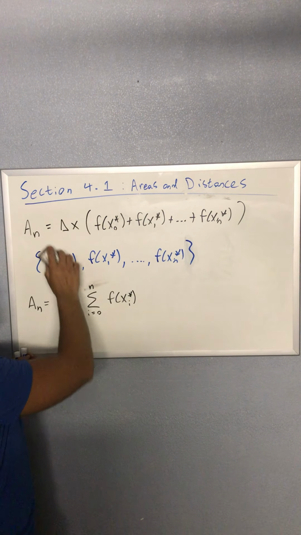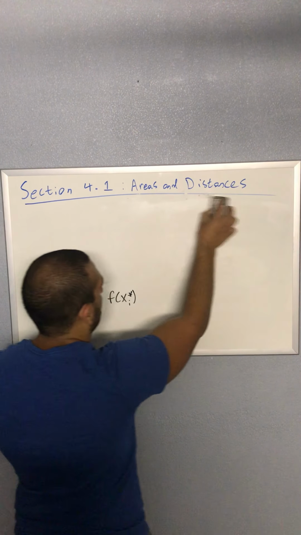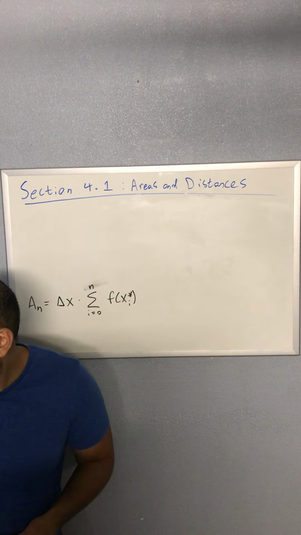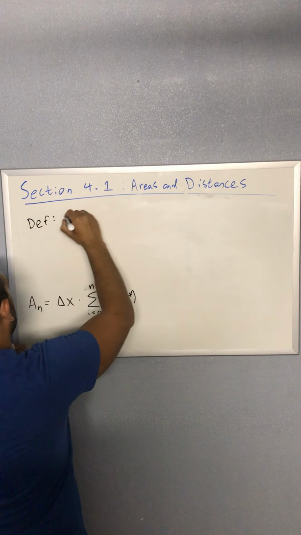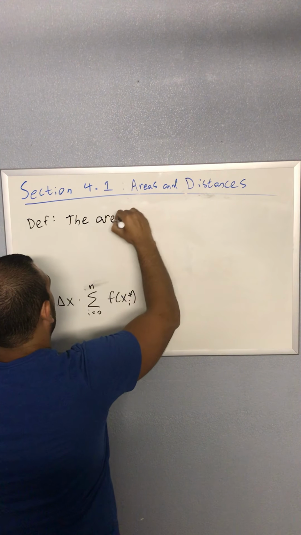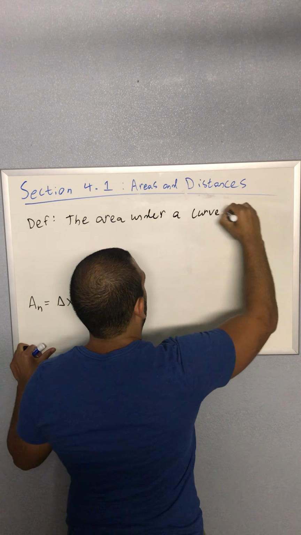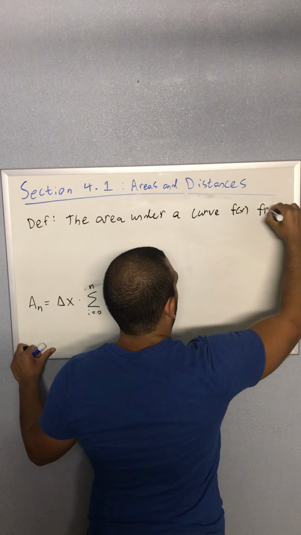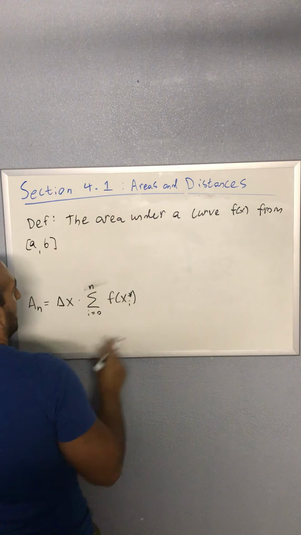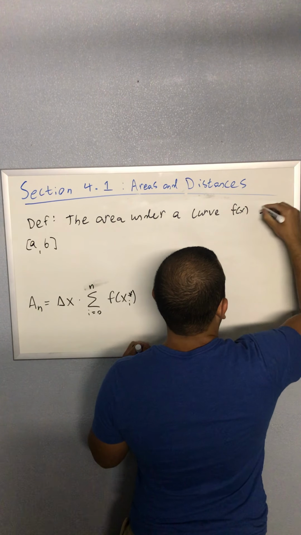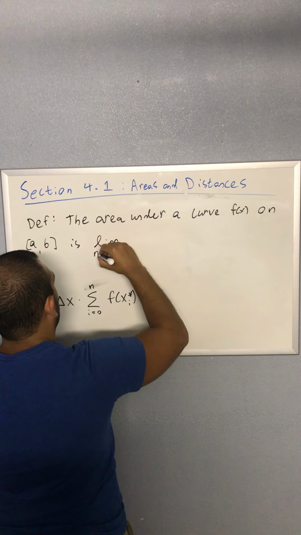So then the idea was this, remember, we have this A_n. And this becomes now the definition. The area under a curve f of x on the interval from a to b is this.